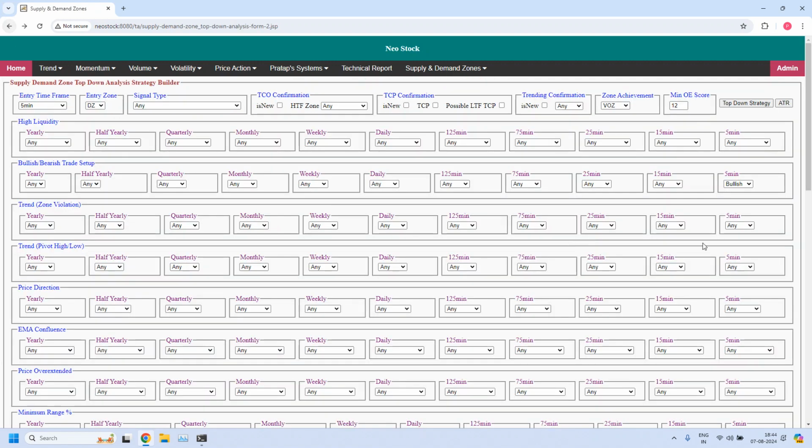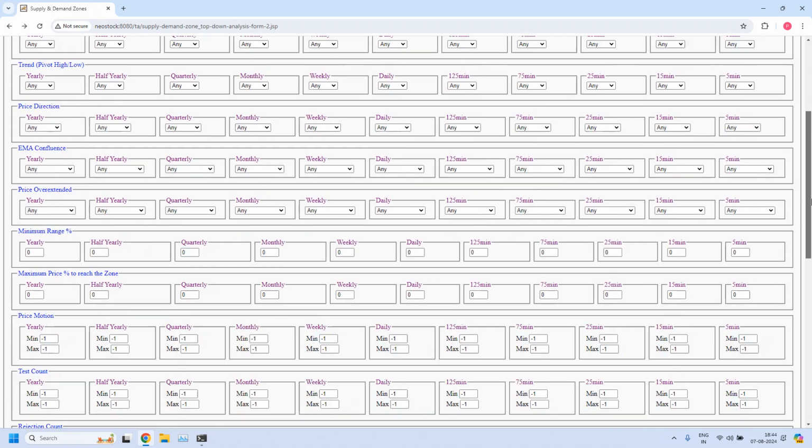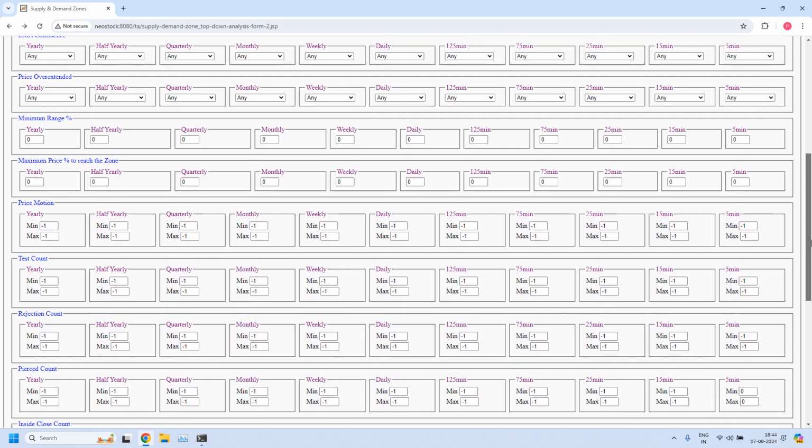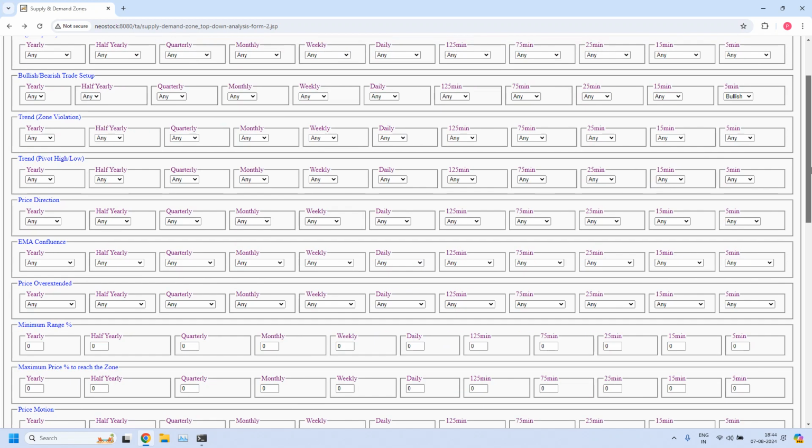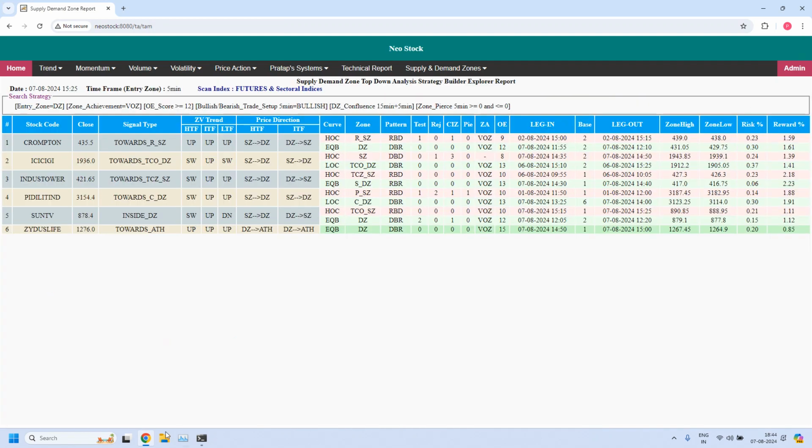So for that, I am adding 5 minutes confluence with 15 minutes demand zone confluence. Here the 5 minutes demand zone with the 15 minutes demand zone, that is the LTF and ITF confluence we are verifying. Now the list has come down to 6. All these 6 stocks have confluence with the 15 minute zone.